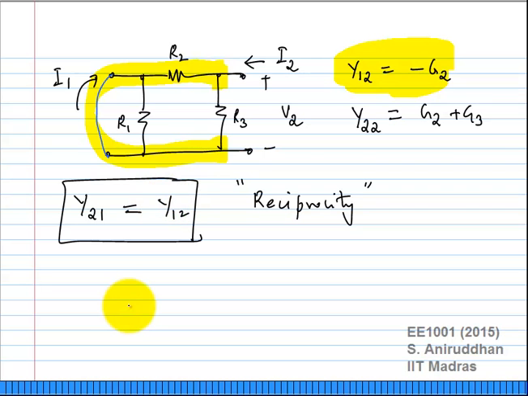Now, suppose I want to plot this dependence. How do I do this? Suppose I want to plot the dependence for a one-port network.